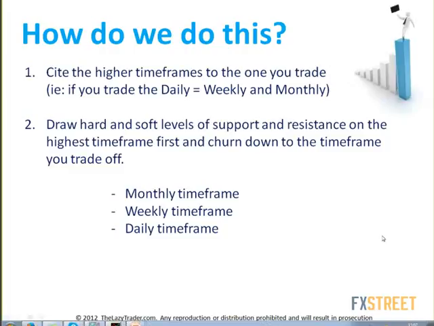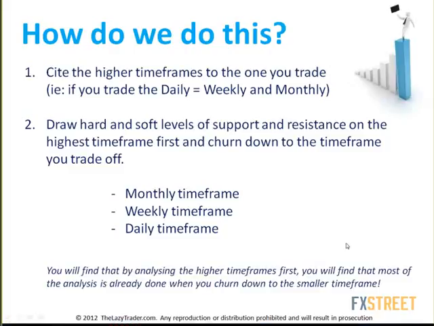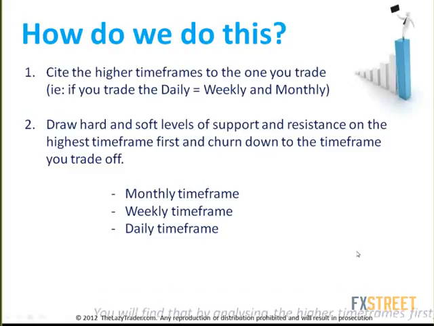I would say start on the monthly, draw your levels of support and resistance on the monthly, then the weekly, and then the daily time frame. Because the advantage then is that once you get down to the weekly, you'll see that the level's already drawn there, so the work's already been done for you. And when you get down to the daily, you'll find levels which you might not even see on the weekly or the monthly. That's the beauty of it.